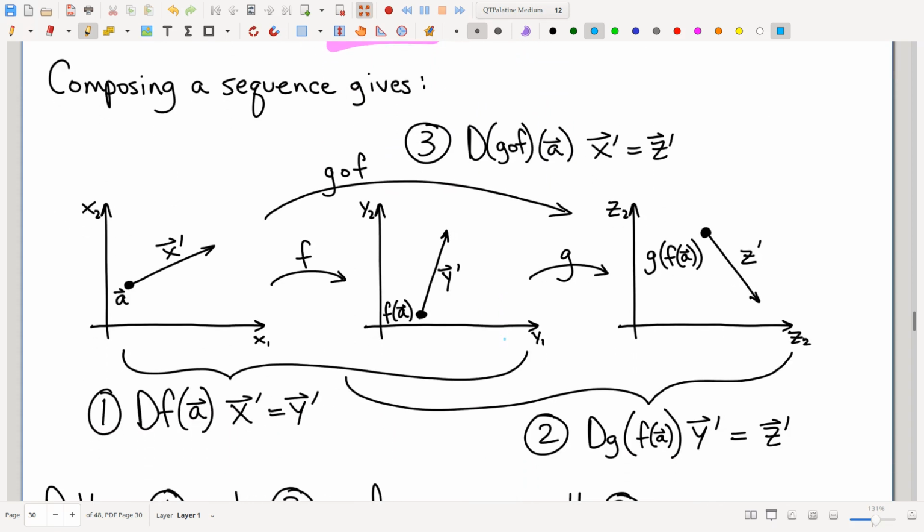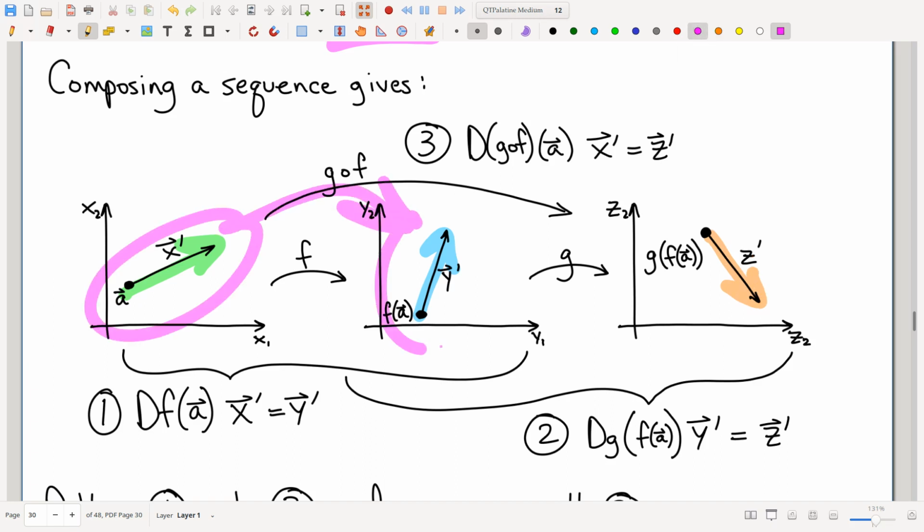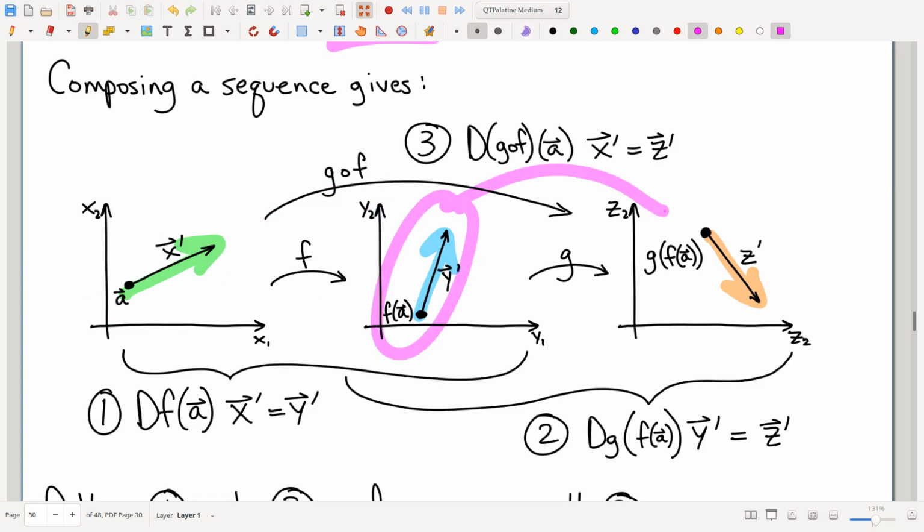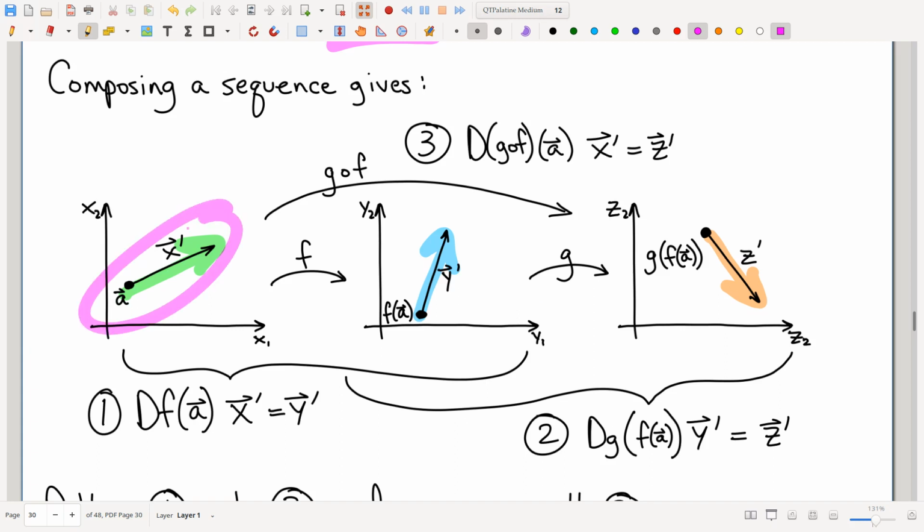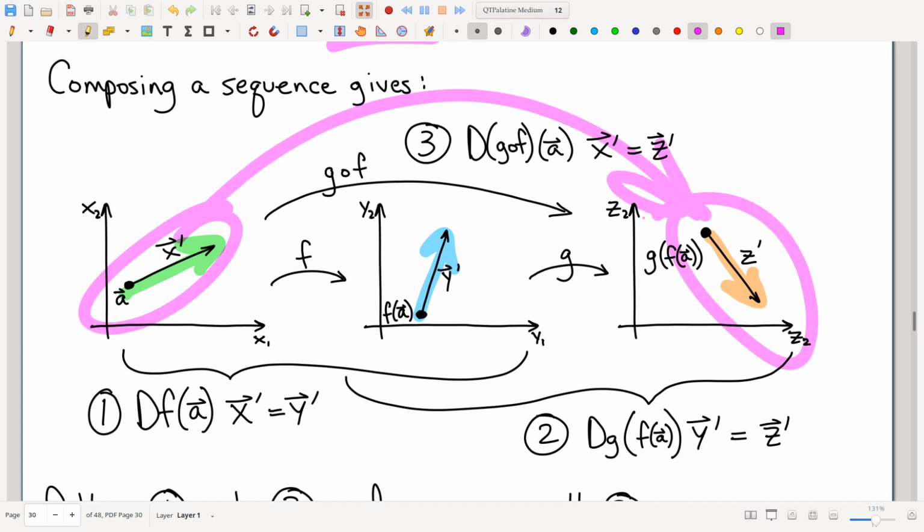So when you compose like this, and you have an x prime vector and a y prime vector and a z prime vector, df is the factor that does that. dg is the factor that does that. When you do those together, you effectively multiply by the product of those two factors, which is what the derivative of the composition is. It's really very much the same idea.